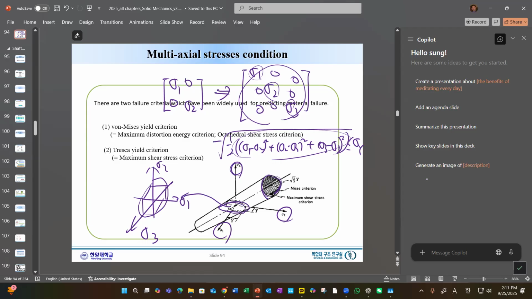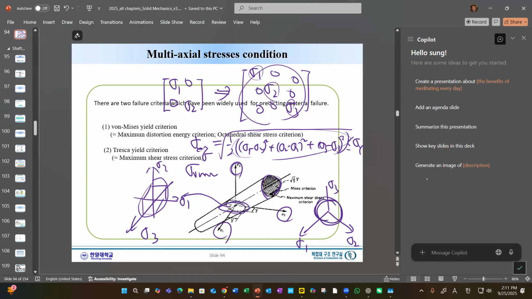So what do we call this? It is the equivalent stress, or sigma Von Mises stress. We can do the same for Tresca and draw it very similarly. This is a very important concept. If we look at this three-dimensional space of sigma 1, 2, and 3, the surface will be like this.